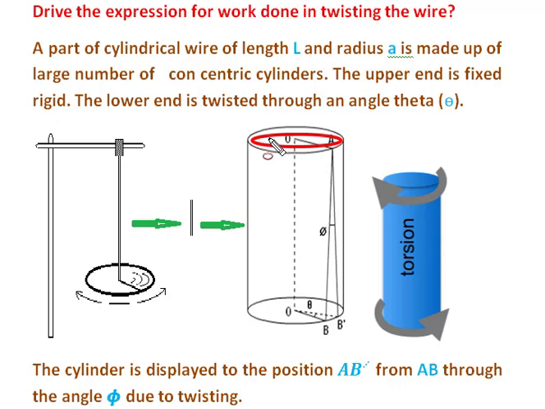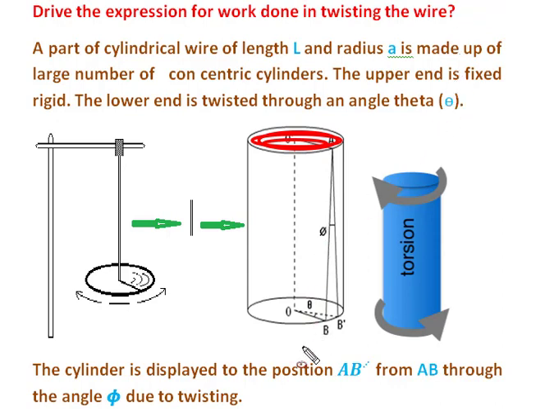Here it is one cylinder, this is another cylinder. Likewise, it is made up of a large number of concentric cylinders. The center of the cylinders is the same, so they are called concentric cylinders. The upper part is fixed and the lower part is twisted through the angle theta.